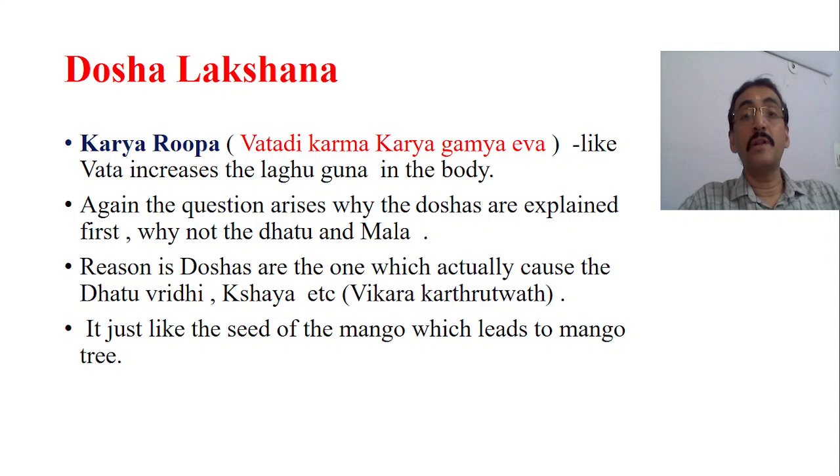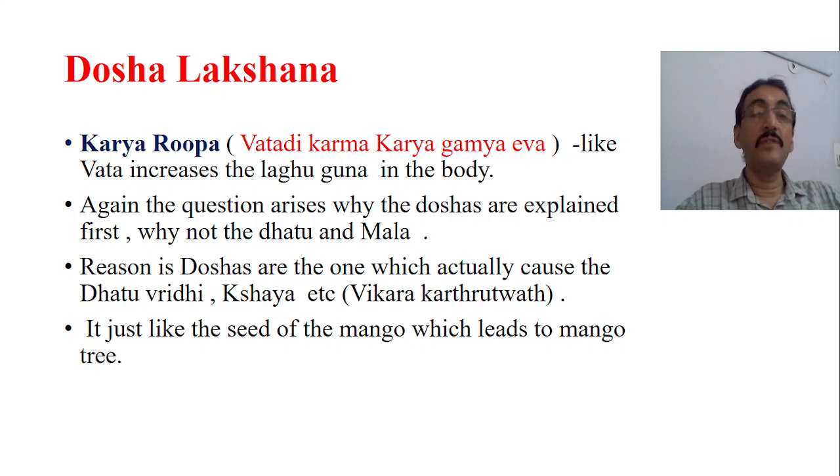Again, the question arises: why are the doshas explained first, and why not the dhatus and malas? In the context of dosha, dhatu and mala, doshas are explained first, isn't it? Why not explain dhatus and malas first, and let the doshas be explained at the end? No, it is not like that. The reason is that doshas are the ones which actually cause dhatu vruddhi and kshaya, vikara kartatvat.